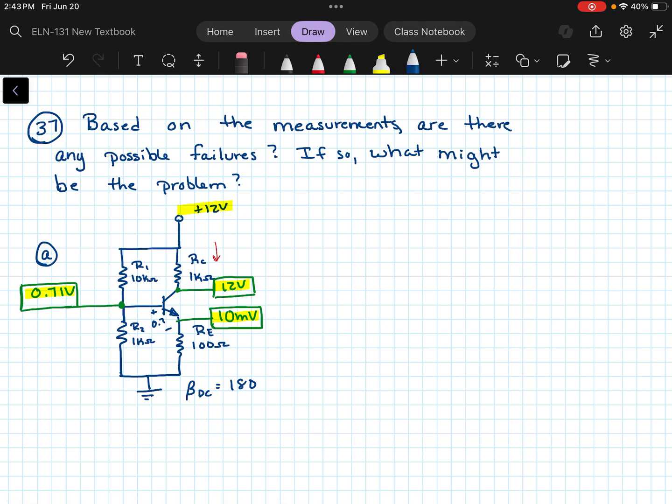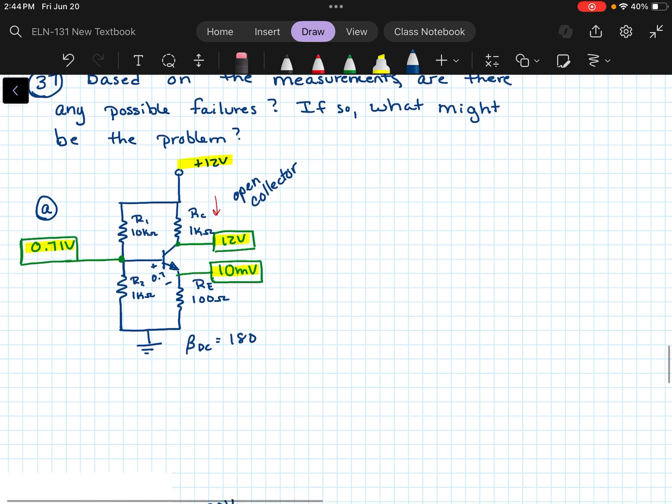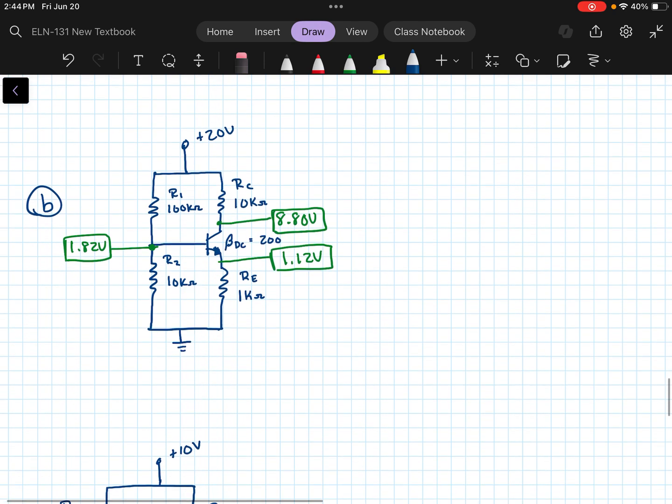So I would make an assumption that the collector is open for that one. We'd have an open circuit here at the collector, because the rest of the transistor looks like it's working properly.